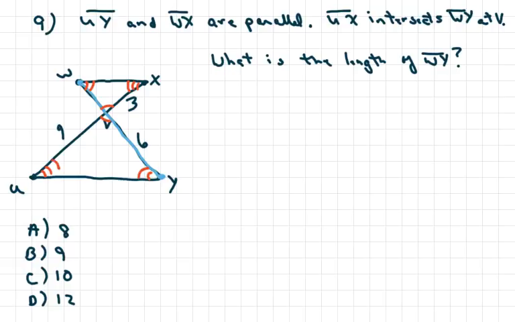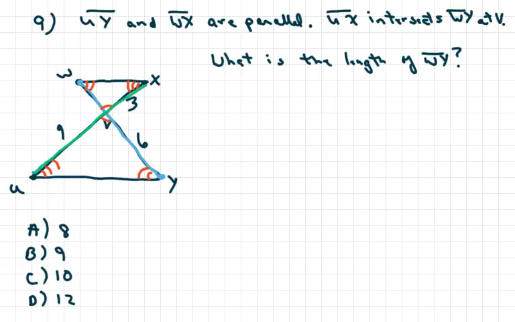Alright? So it says the order of the letters in the similarity statement makes it clear that VX, right here, corresponds to VU. So first and last letter.